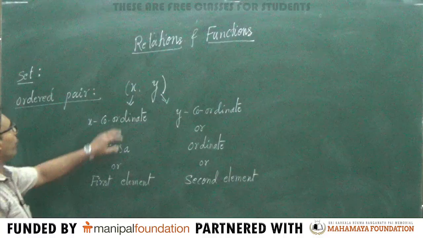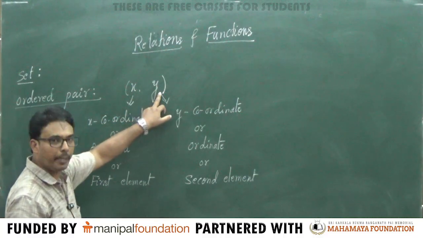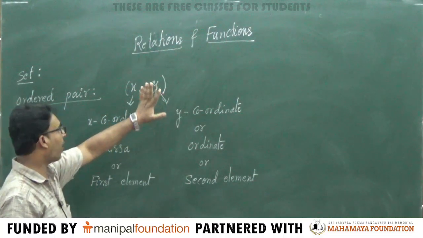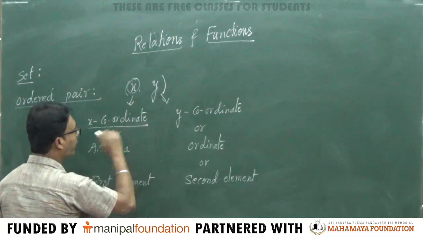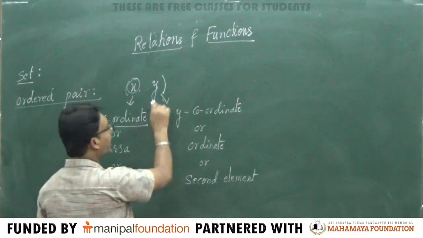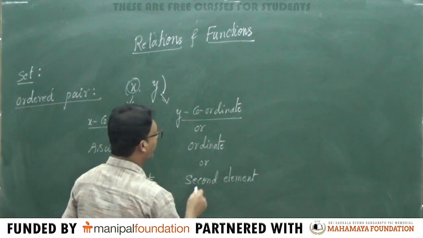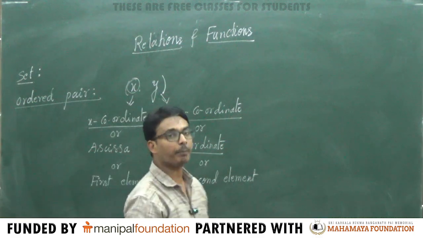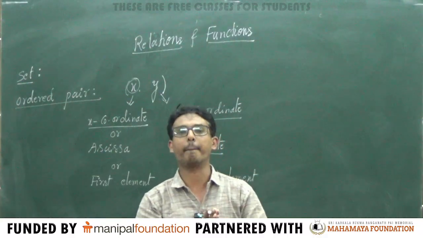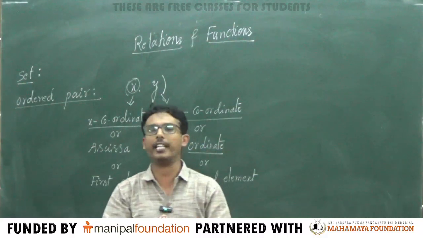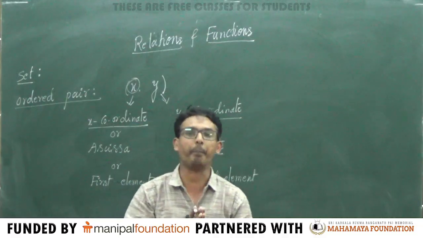So whenever you arrange two elements in a specific order, here the rule is that the first element represents the x coordinate or abscissa, and the second element represents the y coordinate or ordinate. Then that arrangement of two numbers enclosed in a small bracket is called the ordered pair.